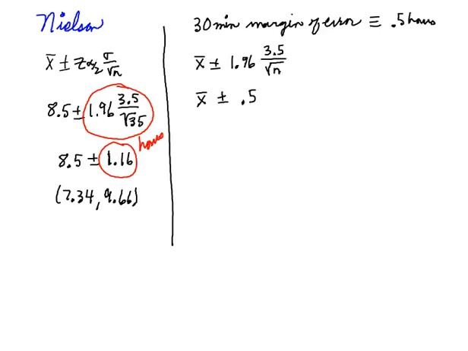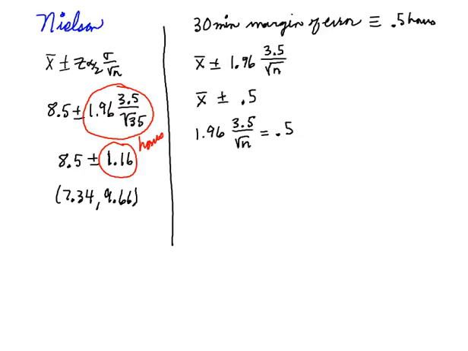So basically, I'm saying that I want to make 1.96 times 3.5 over the square root of n equal to 0.5. What value of n does that?